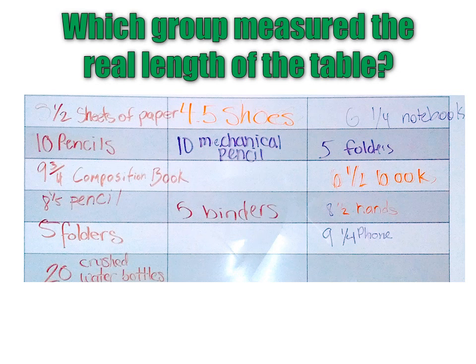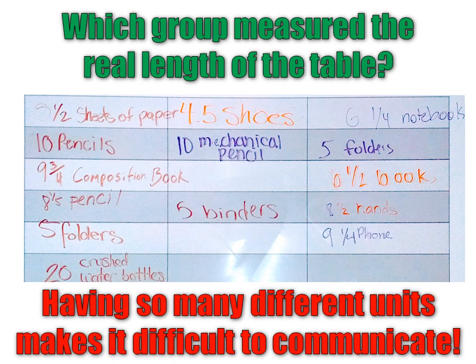So let's write this down. Having so many different units makes it difficult to communicate. Having two groups of scientists using two different types of units can lead to miscommunications.